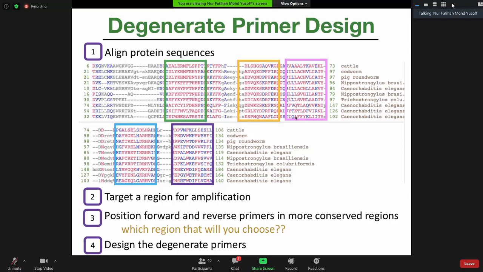You can design your reverse primer here, but you may find it a bit difficult because you can see high similarity at these positions, but low conservation at this particular position. That's why it's a bit difficult here. You may get a degenerate primer with high degeneracy value, so you may want to avoid this. But still, you can design the primer in this box.